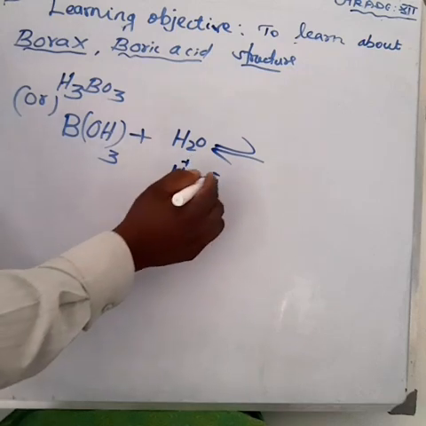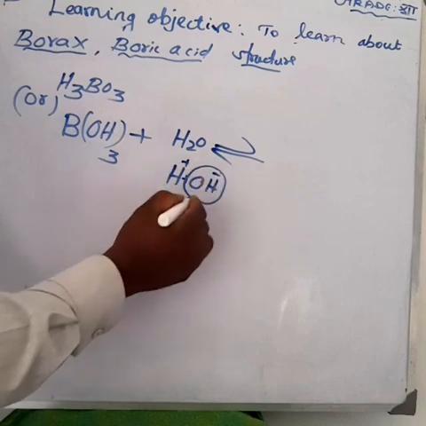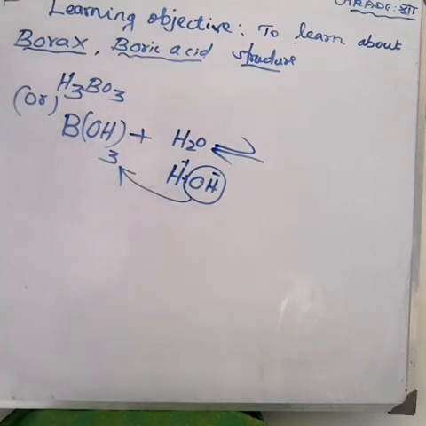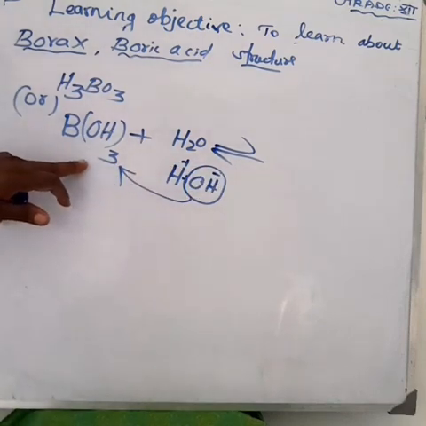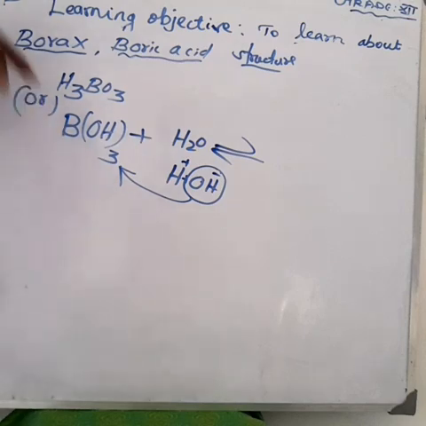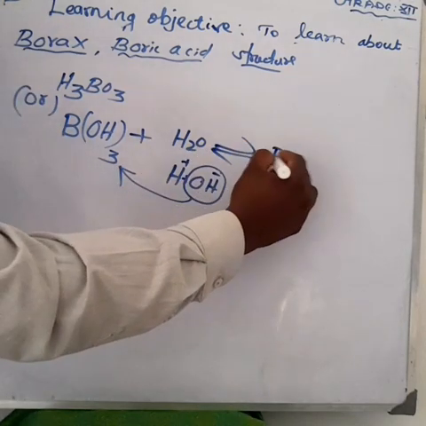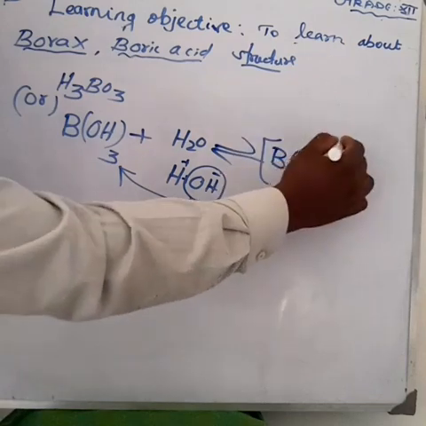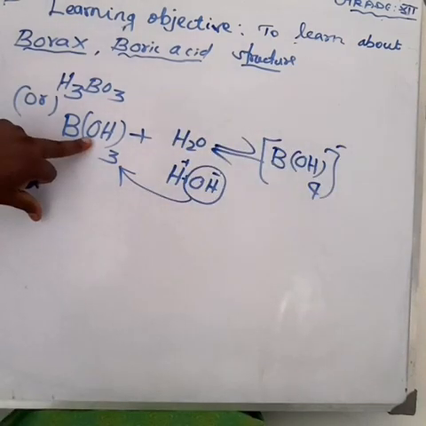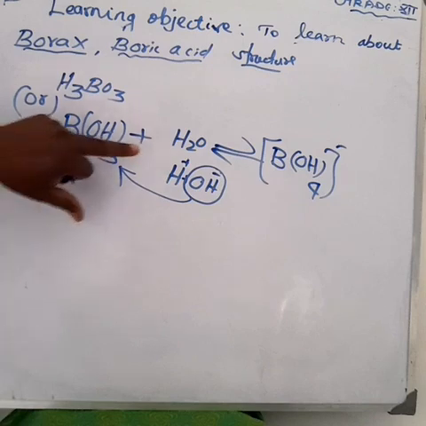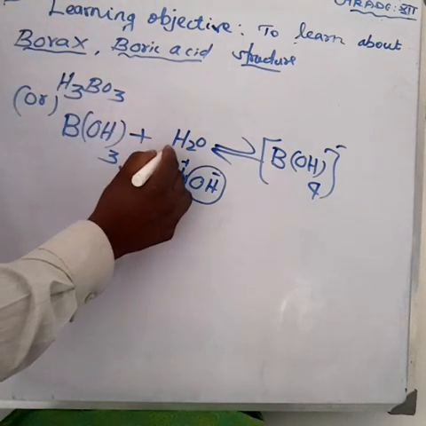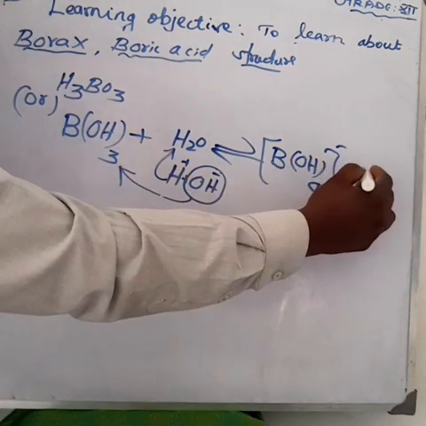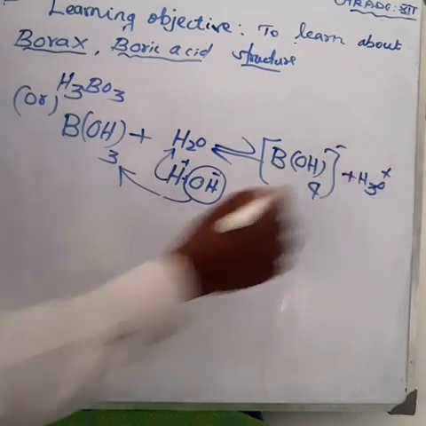One of the OH minus ions combines with this boric acid, and we get one of the products, B(OH)4 minus. This is one of the units, boron with the hydroxyl groups. The H plus attaches to another water, and we get H3O plus.